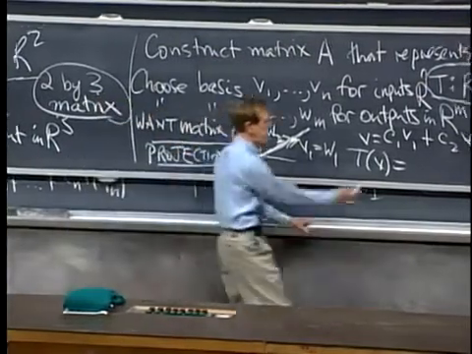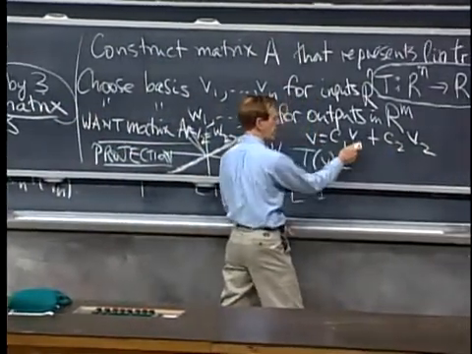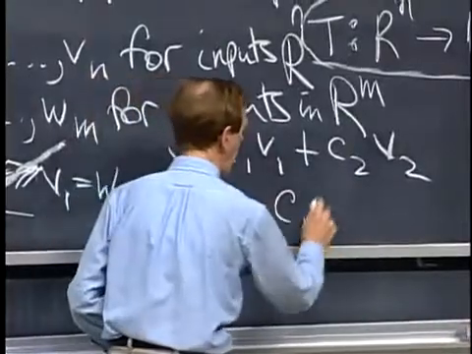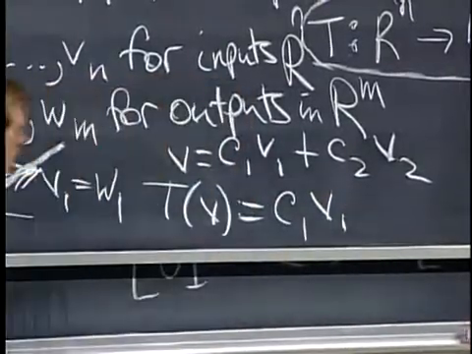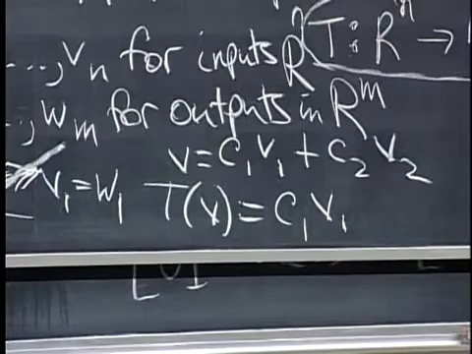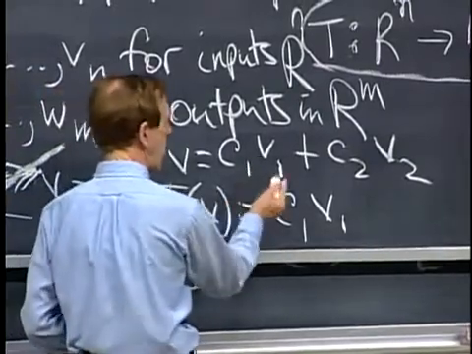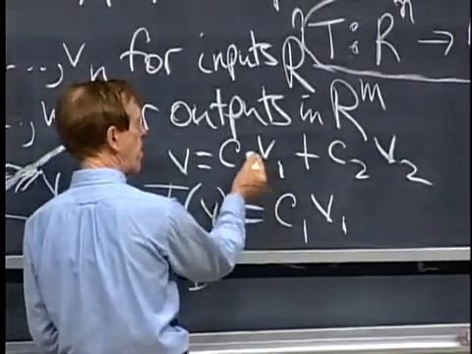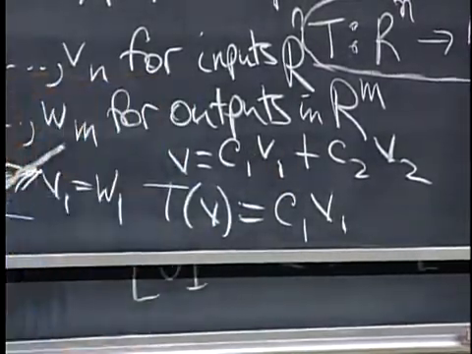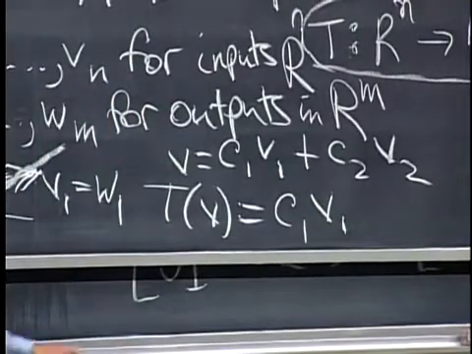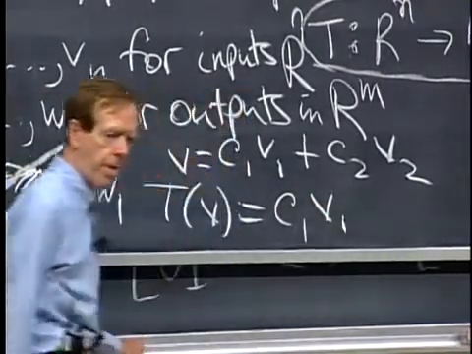It kills this part, and this part it leaves alone. Now, all I want to do is find the matrix. I now want to find the matrix that takes an input C1, C2, the coordinates, and gives me the output C1, 0.